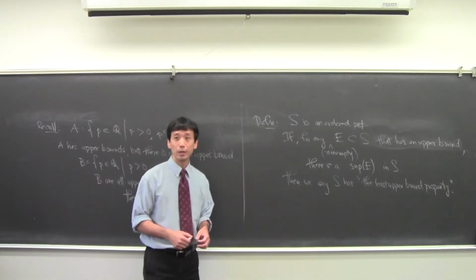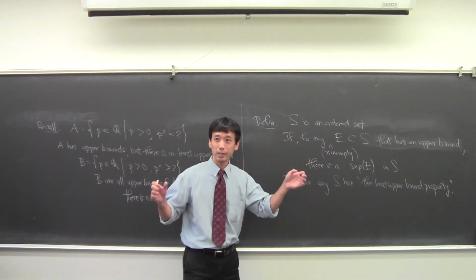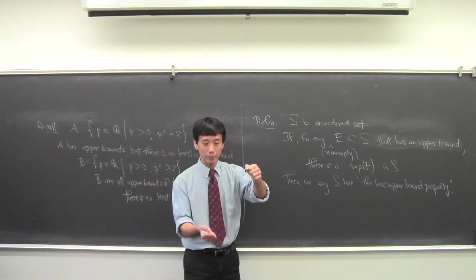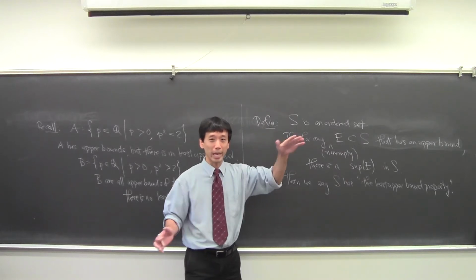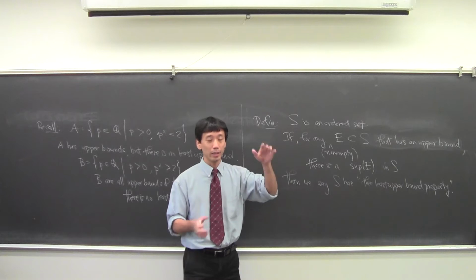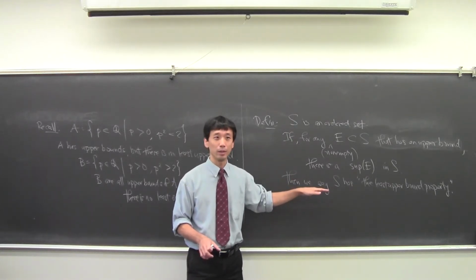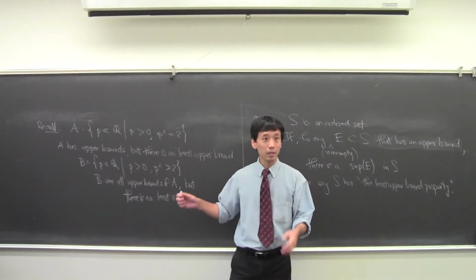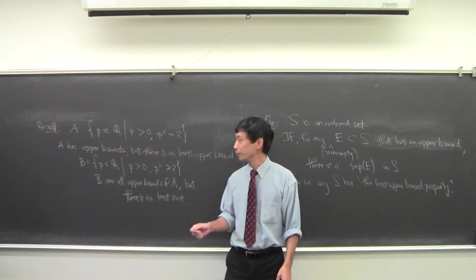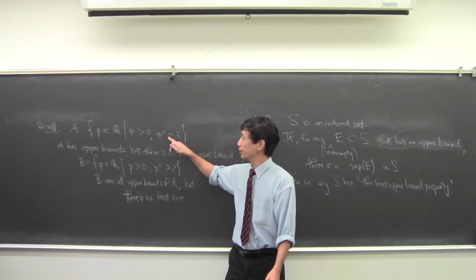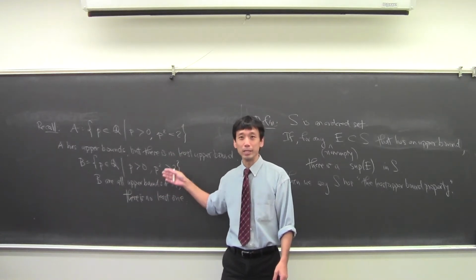So if you have an ordered set with the property that whenever you have a subset with an upper bound, there's a least upper bound in the ambient set S, then we say S has the least upper bound property. What we just noticed is that Q does not satisfy the least upper bound property, because this set has upper bounds, but there is no rational least upper bound.